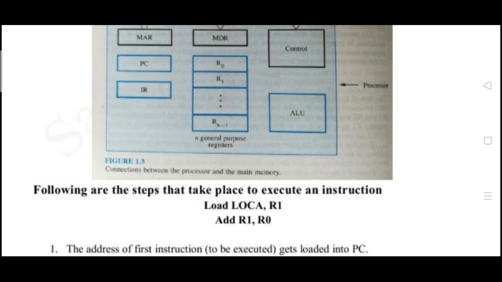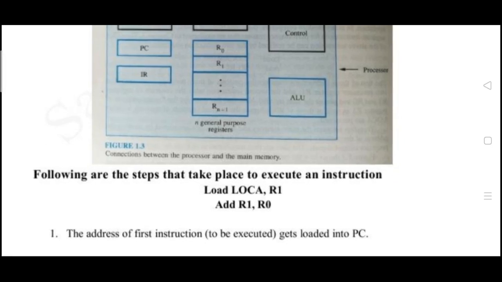Read the statements; these are the steps that take place to execute the instruction. These instructions are not C programming, but a programming called assembly programming. LOCA is a location identity, R1 is a general purpose register. R1 and R0 are general purpose registers.